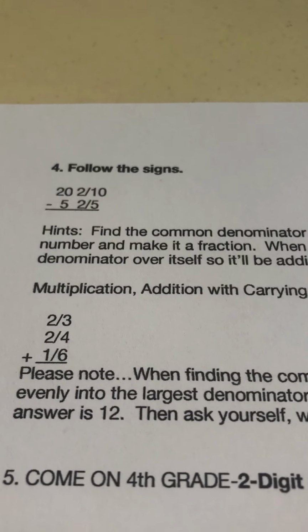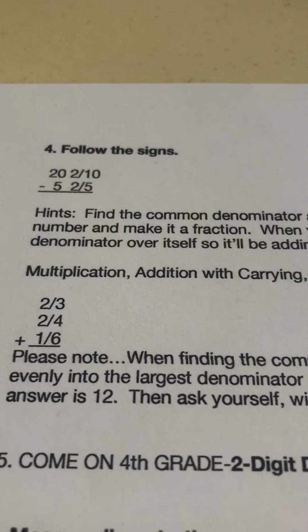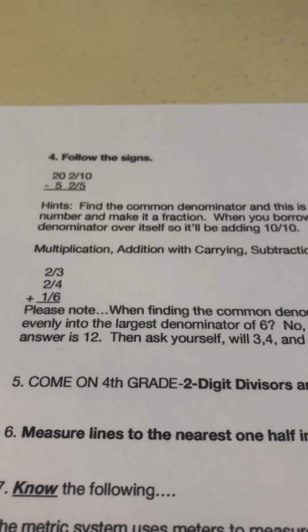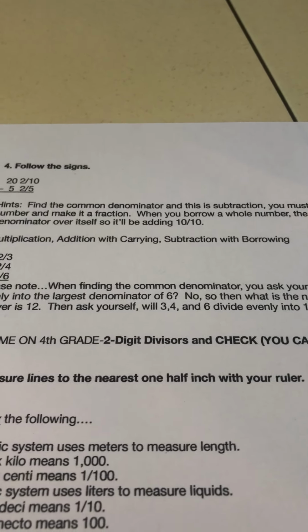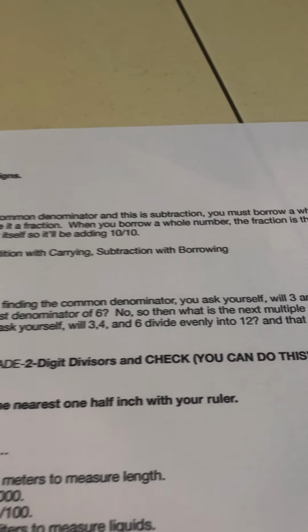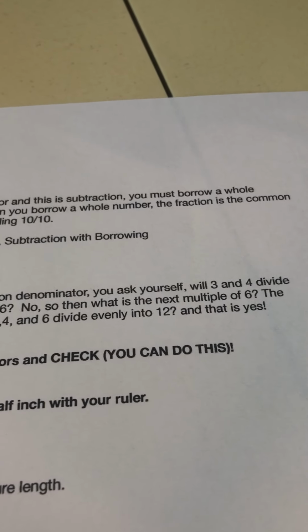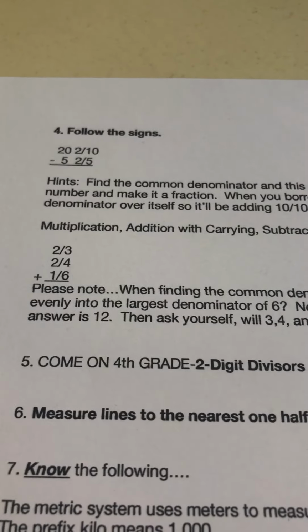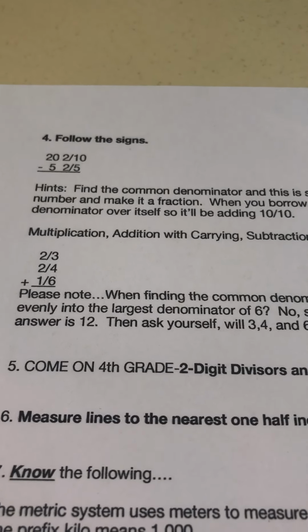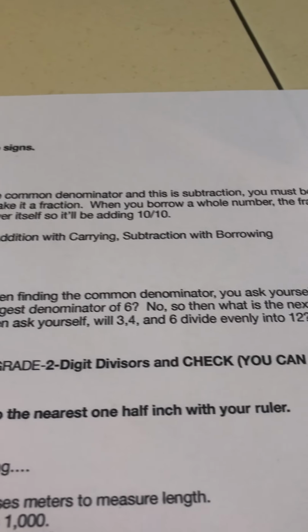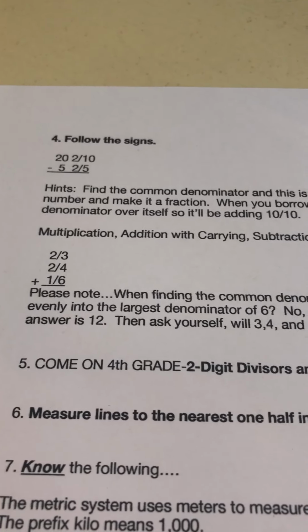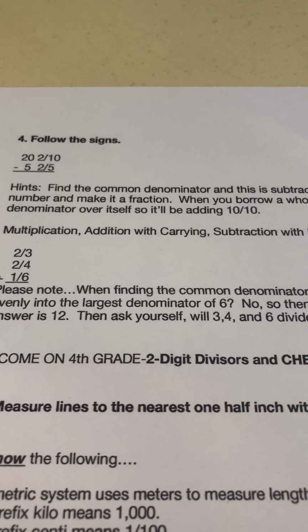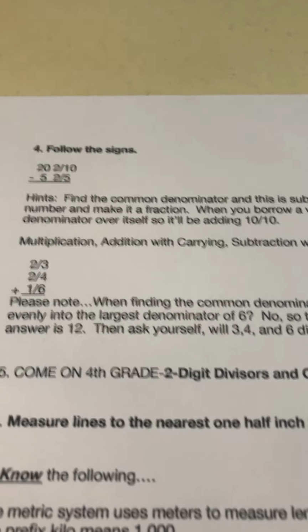Okay, follow the signs. All right, here class, hints. Find the common denominator, and this is subtraction. You must borrow a whole number and make it a fraction. When you borrow a whole number, the fraction is the common denominator over itself, so it'll be adding 10 over 10.